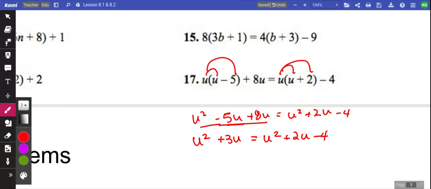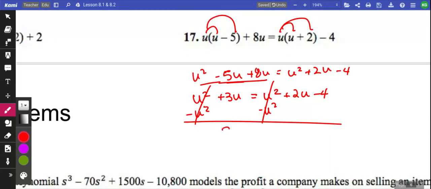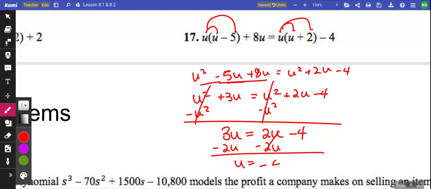Combine like terms, so I'm going to subtract u squared, which will cross those out. So I have 3u equals 2u minus 4. Subtract 2u, and I get u equals negative 4.